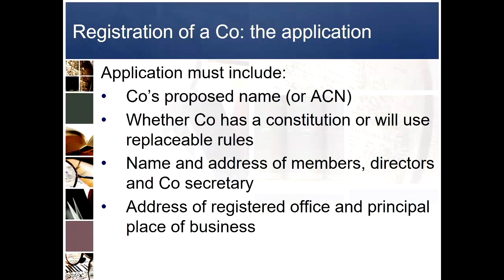You also need to say whether the company will adopt a constitution or not. We'll talk about constitutions in coming weeks. You also need to set out the name and address of shareholders, directors and the company secretary, as well as the address of the registered office and the principal place of business. And remember what I said earlier, that a lot of this information can be disclosed publicly. So that is, I guess, a trade-off there to think about whether you want to incorporate.